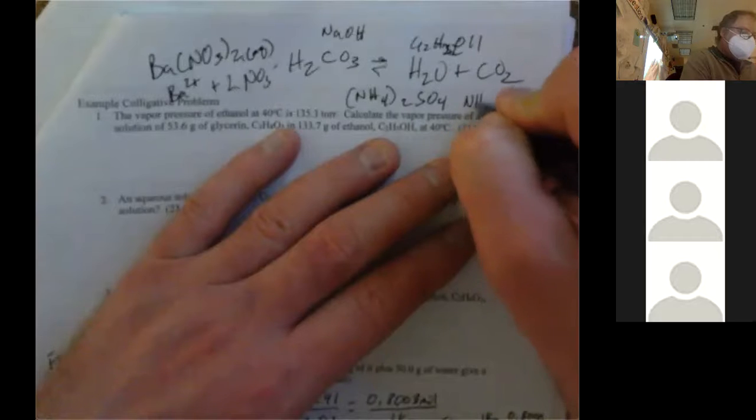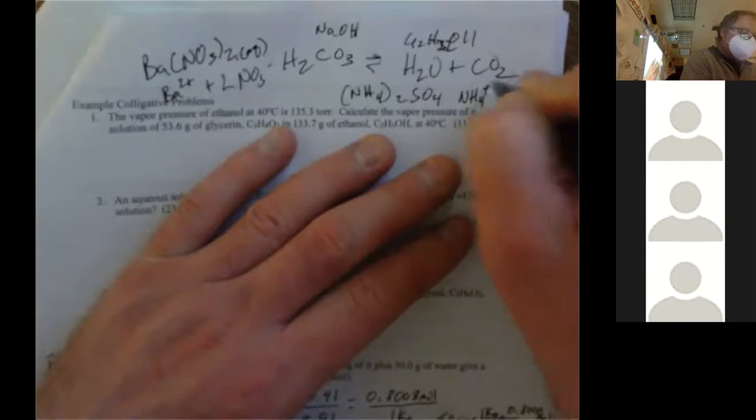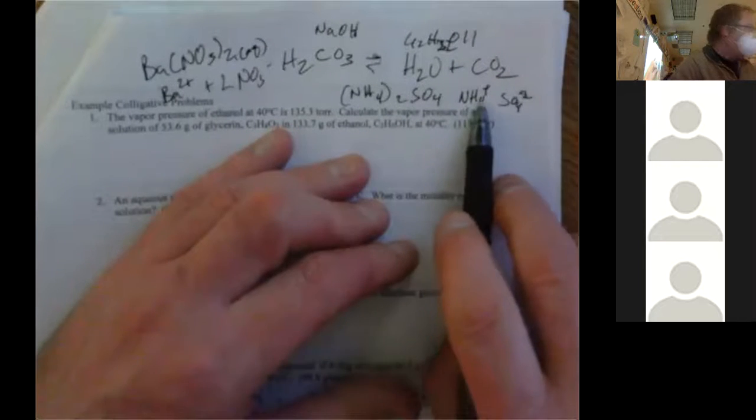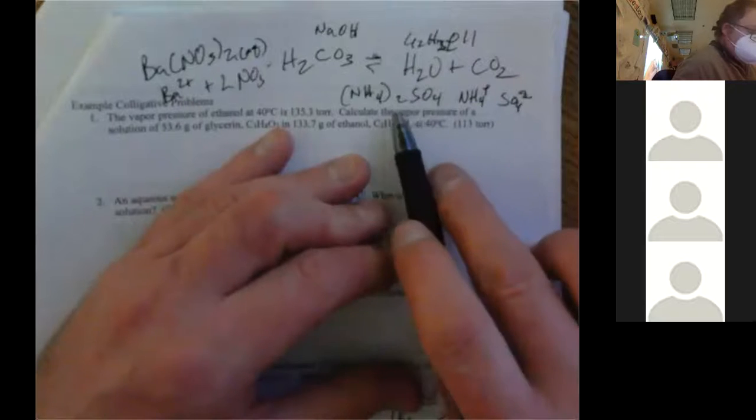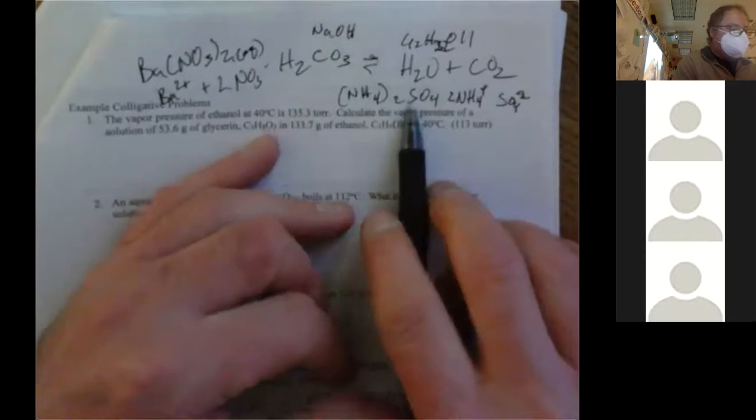Sulfate is -2, so that's 1. Now the trick here is that a lot of people recognize nitrogen is not a metal, but ammonium is one of those weird polyatomic ions that's positive. So we have how many of the NH4s with that? 2. So for every 1 ammonium sulfate, you get 2 ammonium ions and 1 sulfate ion.